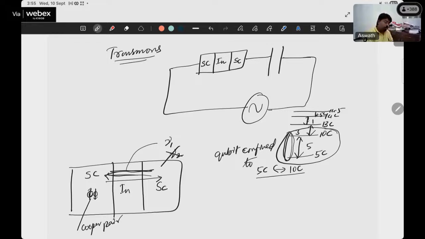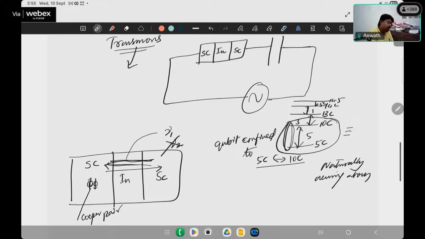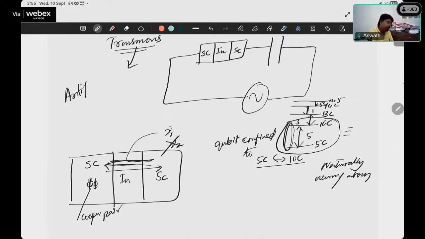Okay, so this is just equivalent to naturally occurring atoms. That's why the transmons are called artificial atoms. Okay, they're called artificial atoms, right?